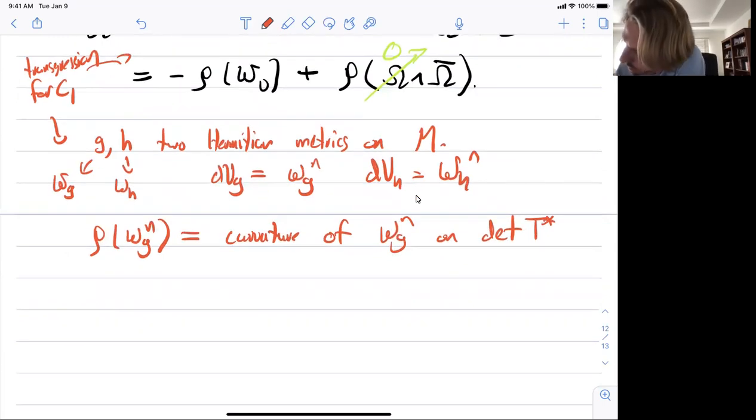But in this setting, at least, this is just equal to what we previously called rho omega, which is the Ricci form.